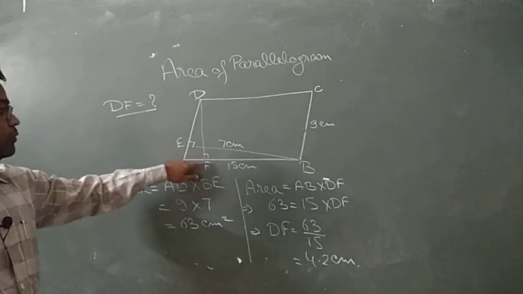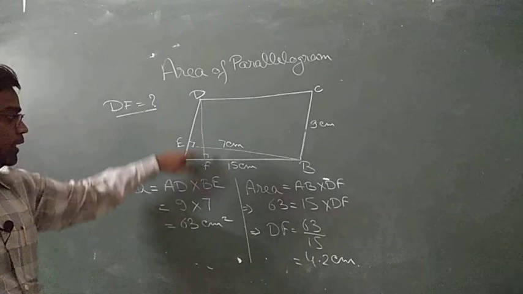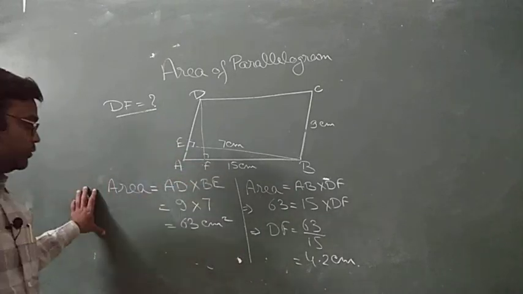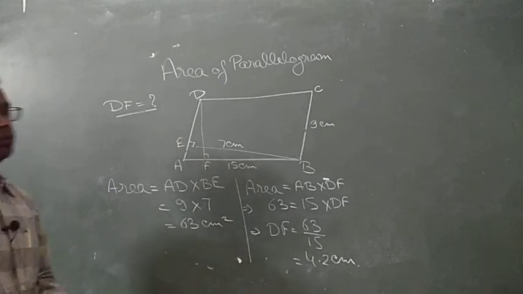Means all the sides are given and one height is given to you. If you find out the other height, then we can use this way. Now one last question for this video.